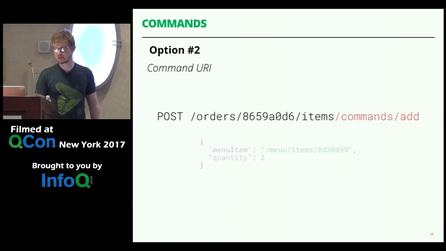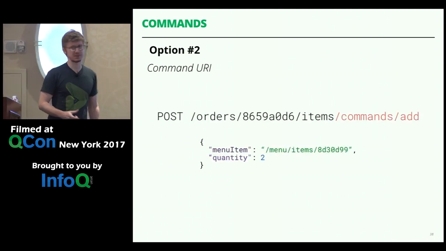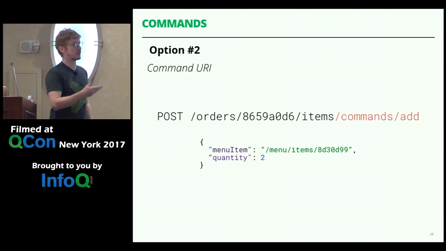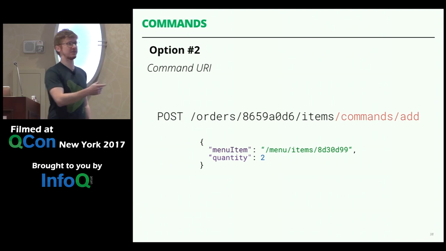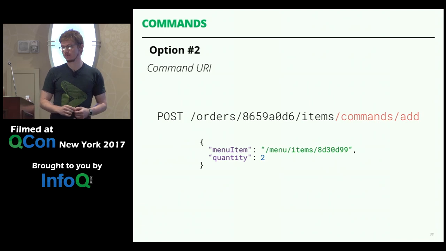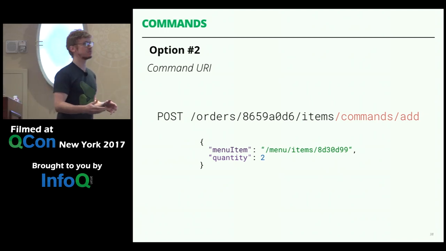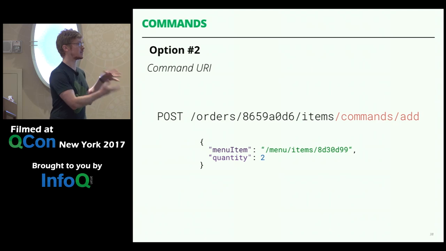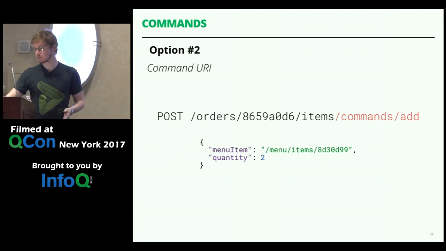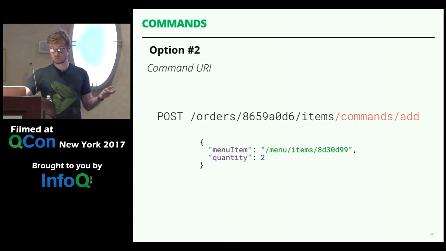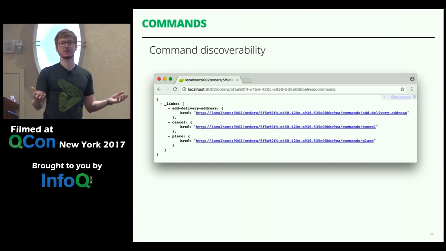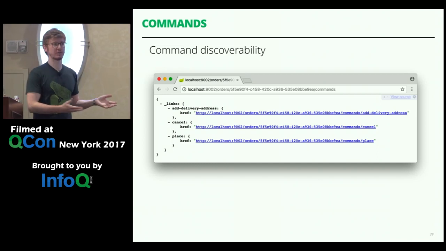We decided to define a unique URI for each of the commands in the system. So we would still have the /commands endpoint, but we would also add a short version of the command name in the URI directly. That way, the client applications can send post requests to this URI and send just a request body without the command type in it. So that gets very flexible for client applications because they now can discover dynamically what commands are available for every resource, right?